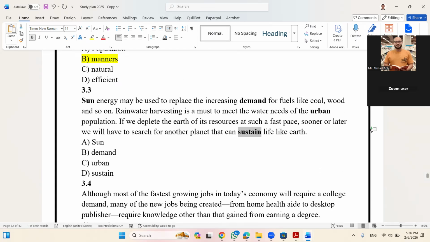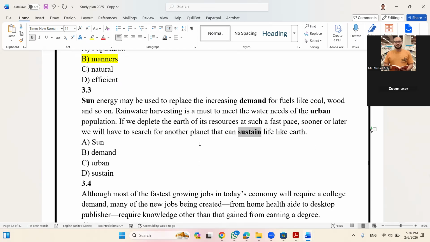We mainly talk about natural resources. Rainwater harvesting is a must to meet the water needs of the urban population. People in cities need a lot of water. If we deplete the earth of its resources, if we keep using a lot of water, sooner or later we will have to search for another planet that can sustain life like Earth.